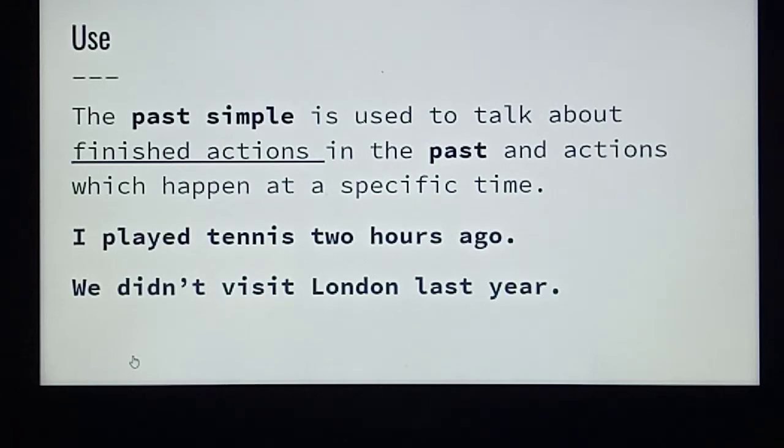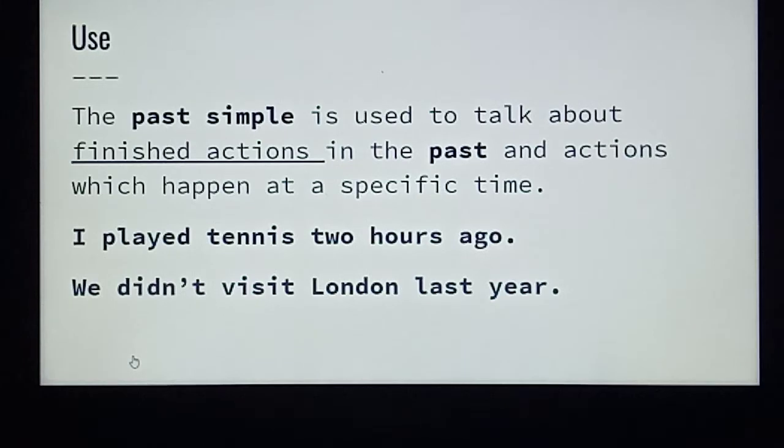So when we talk about the past simple, we are going to talk about what? Finished actions when? In the past. And actions which happen at what time? At a specific time. Very good.